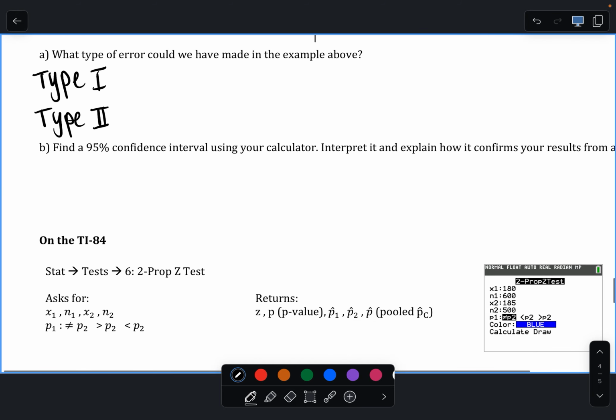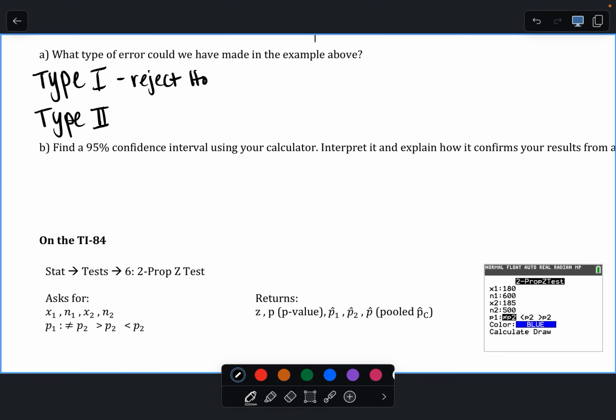Now, all that this is tied to is what decision did you make? So if you decided to reject H0, there is always a potential you did so incorrectly, meaning the test led you the wrong way. Not that your test is wrong, not that you did the work wrong, it's just that it's not what you said.